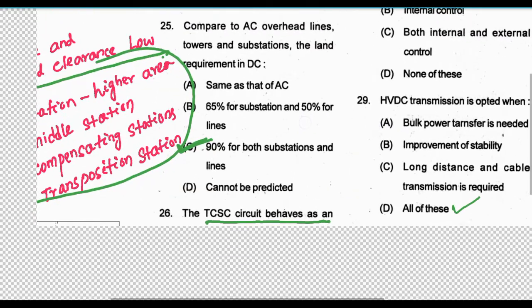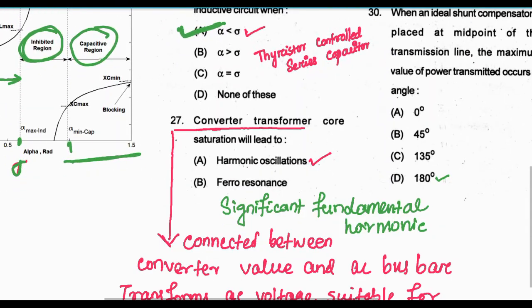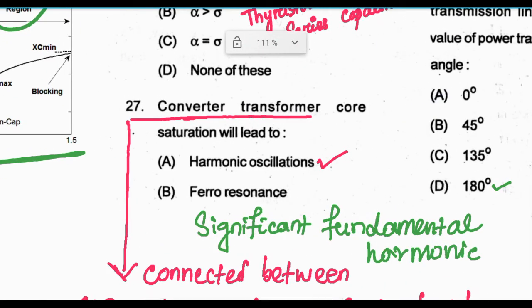So what will be the answer here? For converter transformer core saturation? So what are the converter transformers? In case of HVDC transmission, converter transformers are generally used, and what is their work?